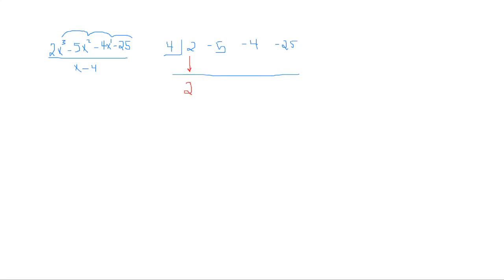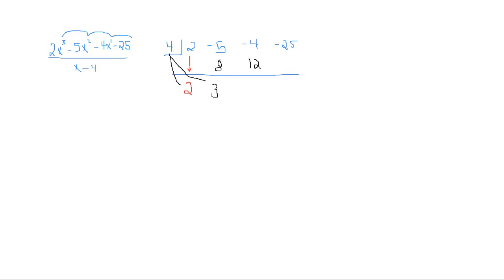So let's finish this. I'm going to multiply 4 times 2, which is 8. And once I multiply, I just add, right? I'm going to say negative 5 plus 8 is 3. Now I multiply the 4 here times the 3, which gives me positive 12.